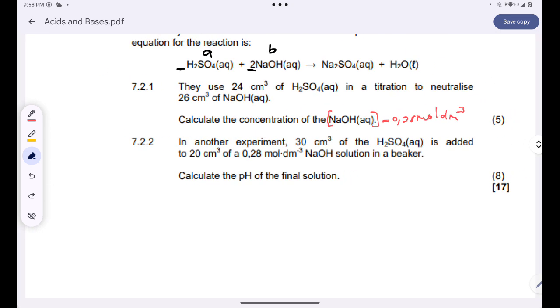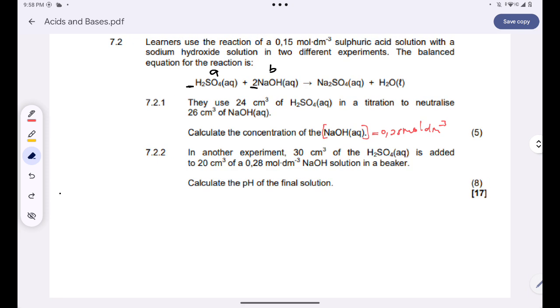For my acid, I'll simply do this. The number of moles of H2SO4 is concentration multiplied by volume. The concentration is 0.15, the volume is 0.03.